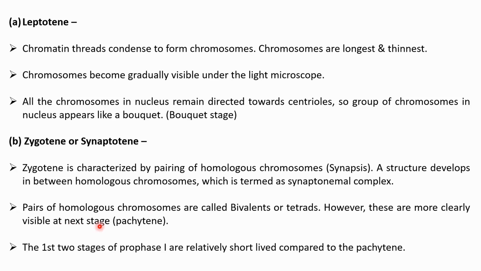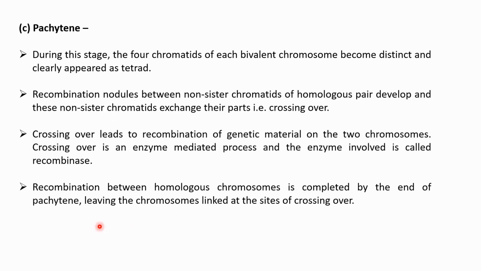The first two stages of prophase 1 are relatively short as compared to the pachytene stage. In this pachytene stage, the 4 chromatids of each bivalent chromosome become distinct. There is a pair of homologous chromosomes, and each chromosome further consists of 2 sister chromatids.